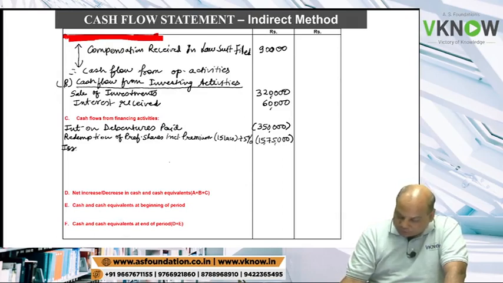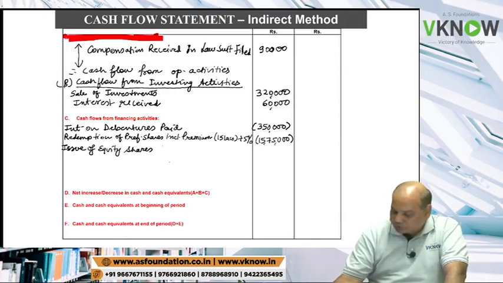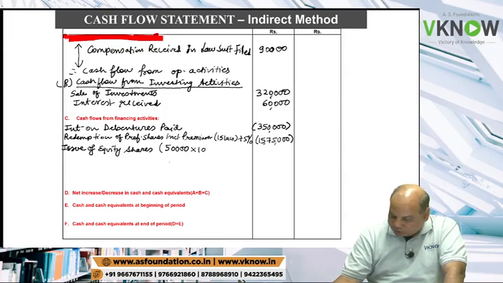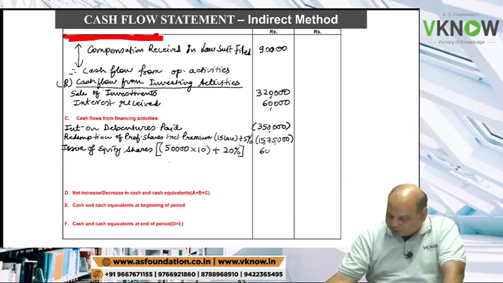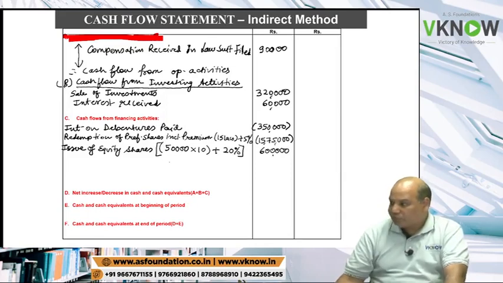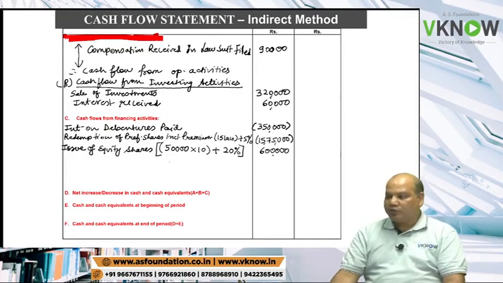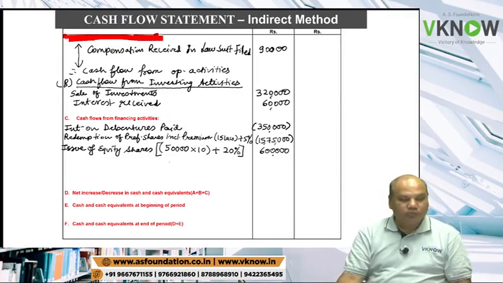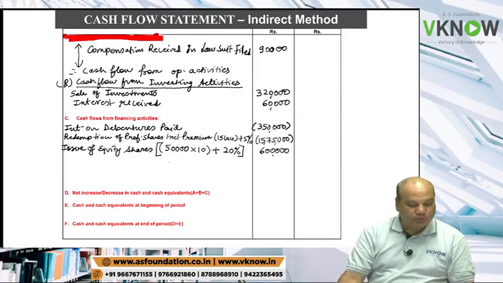Issue of equity share, same place. 50,000 into 10 plus premium 20%. So that will come to 6 lakh rupees positive. Any doubt up to this point?